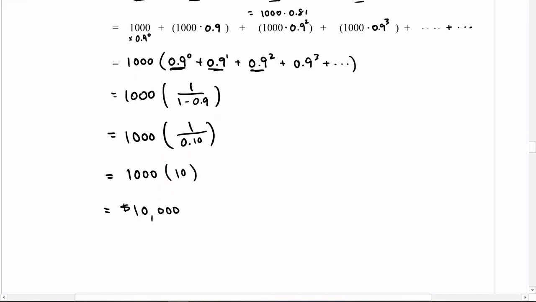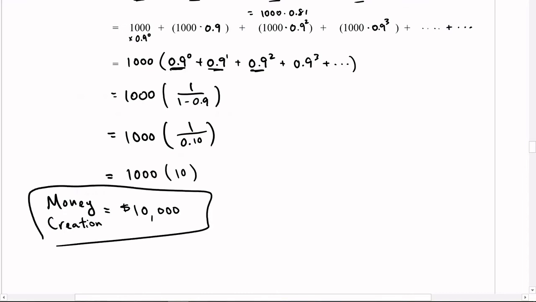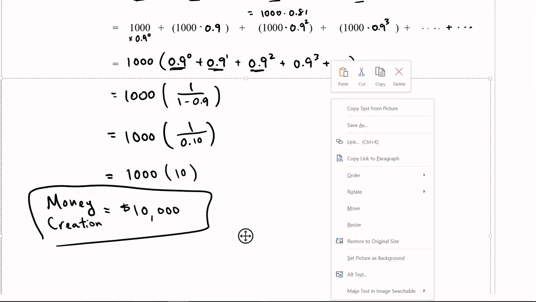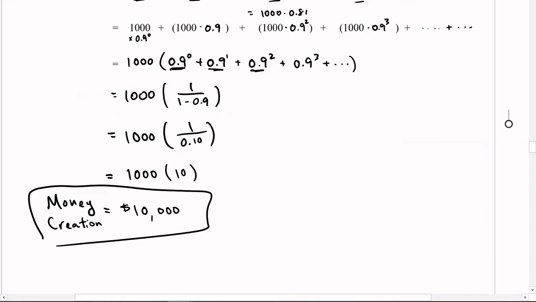Again, this is our result for the money creation. Actually, it's the total money in the economy coming just from that original $1,000 deposit. So $1,000 through the banking system becomes $10,000 through that system of borrowing and lending.